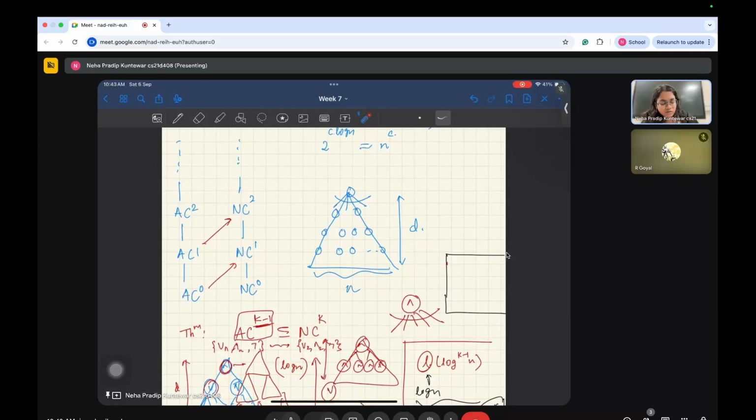So a separation here sort of tells us why there should be a separation here, that this may be more powerful than this one, but there should be a direct argument for that. So I'll think about it.